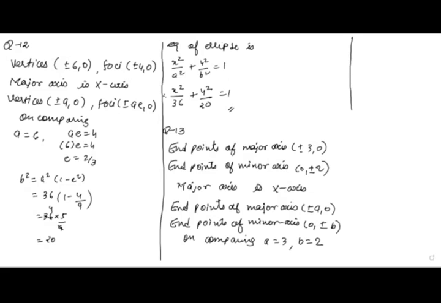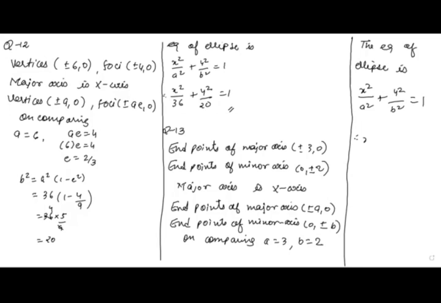So I can easily find the equation of ellipse: x square by a square plus y square by b square is equal to 1. Therefore x square by 9 plus y square by 4 is equal to 1. This is the equation of ellipse.